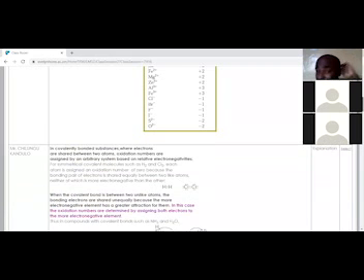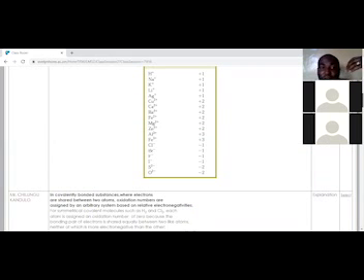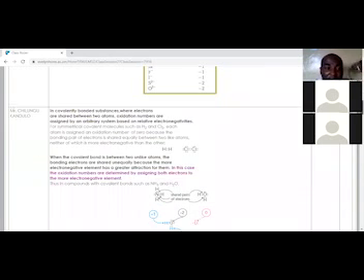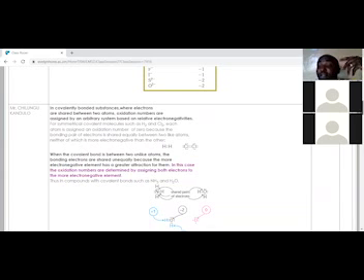So for ionic bonding, it's very easy. The metal will have a positive oxidation number equal to the charge of the ion, and the non-metal will have a negative oxidation number equal to the charge of the ion. But the problem comes in with covalent bonding, where oxidation numbers are assigned based on electronegativities.